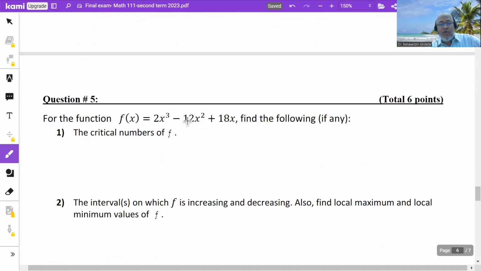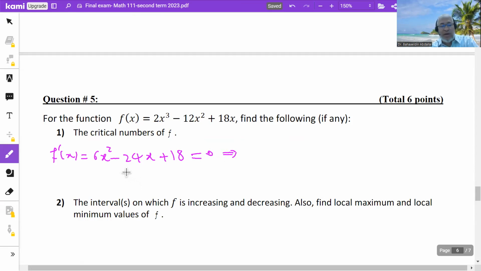Okay, for the function, find the following, the critical numbers. To find the critical numbers, I find the derivative. The derivative is 2 times 3, 6x squared, minus 12 times 2, 24x, plus 18. I put it equal to 0, and I find the zeros of this equation. Well, this is a quadratic equation.